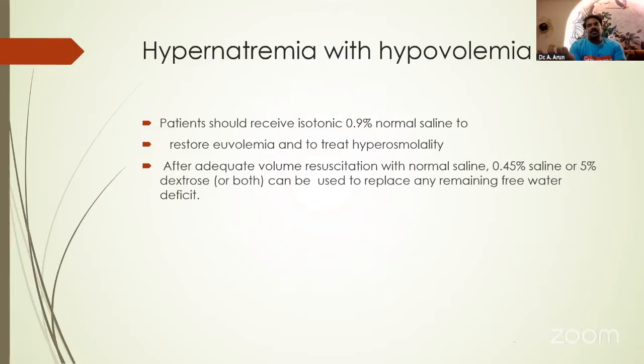Because, as I mentioned earlier, sodium and water go hand in hand. So if a person comes to us with, say, hyponatremia, and we initiate measures to remove fluid from his body, then the moment the volume correction happens, his sodium will also get corrected. So the same thing we have to maintain. We cannot do it very rapidly.